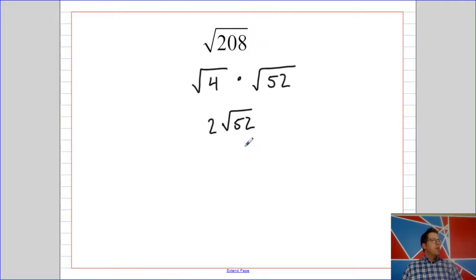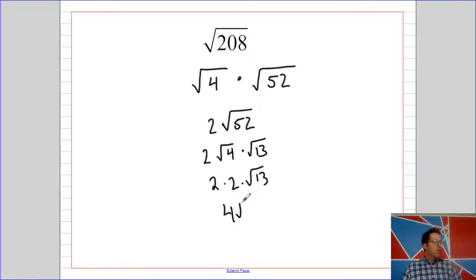Well, then you would look at your remaining number and say, well, does that simplify at all? In this case, 52 is 4 times 13. So this is really 2 times the square root of 13, or 4 root 13.